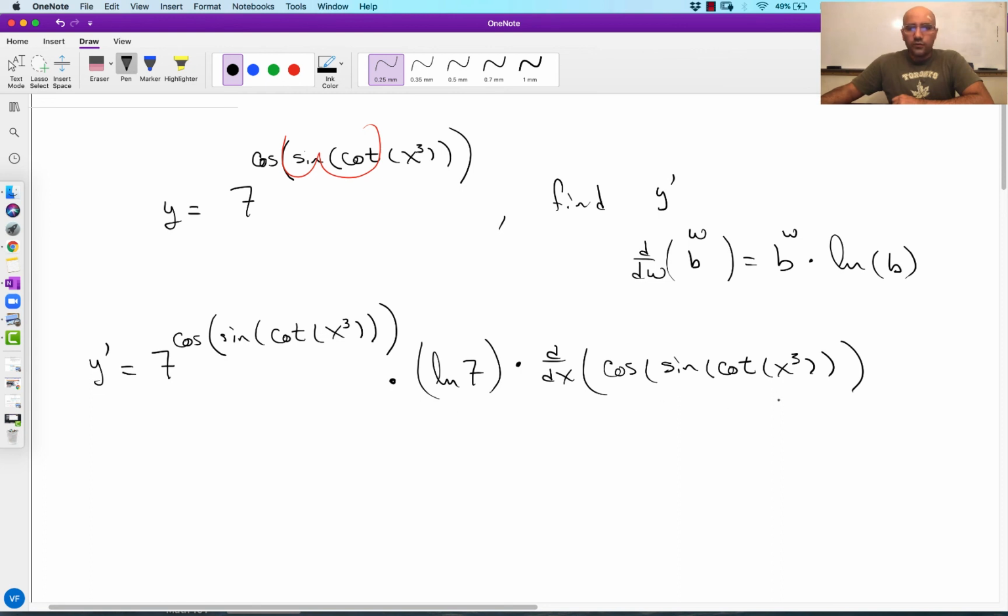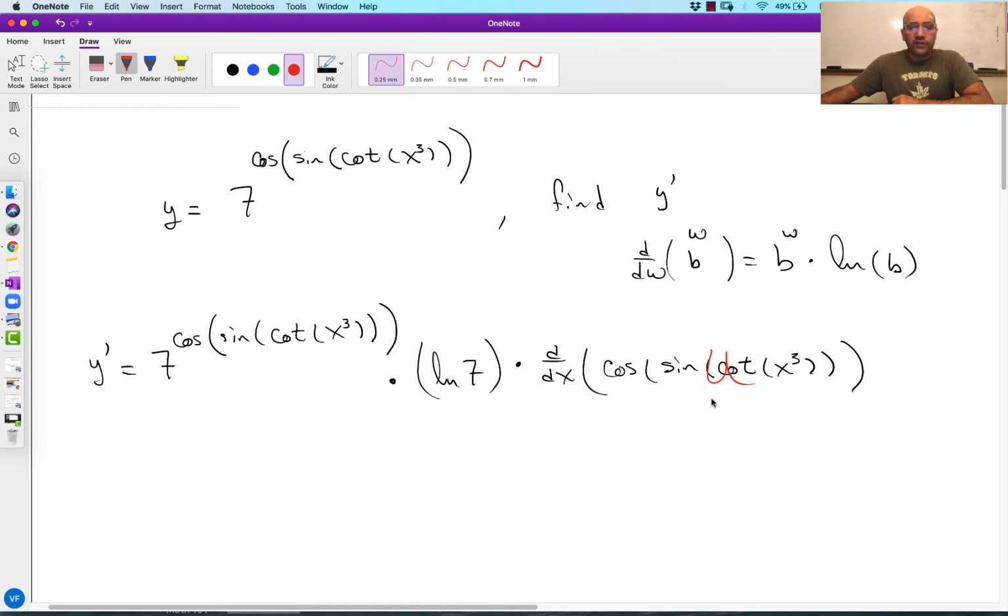Okay, so now we just have to figure out what this derivative is. And again, I'm going to start off by considering all of this to be a single letter. Let me erase this ugly w from over here. So now I'm going to think of sine of cotangent of x cubed as some single letter like u, and really just think about the derivative of cosine of u.